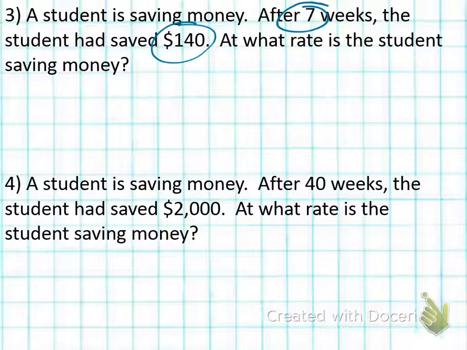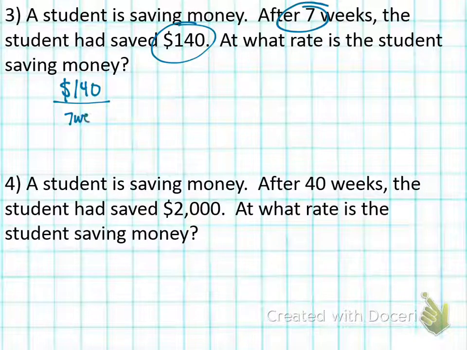So think about it. Do you want $1 in the denominator, or do you want 1 week in the denominator? 1 week, right? Because the student can make $1 pretty quickly, and it'll be like 0.2 something or 0.1. So we want to deal with putting the dollars in the numerator. So $140 in 7 weeks.